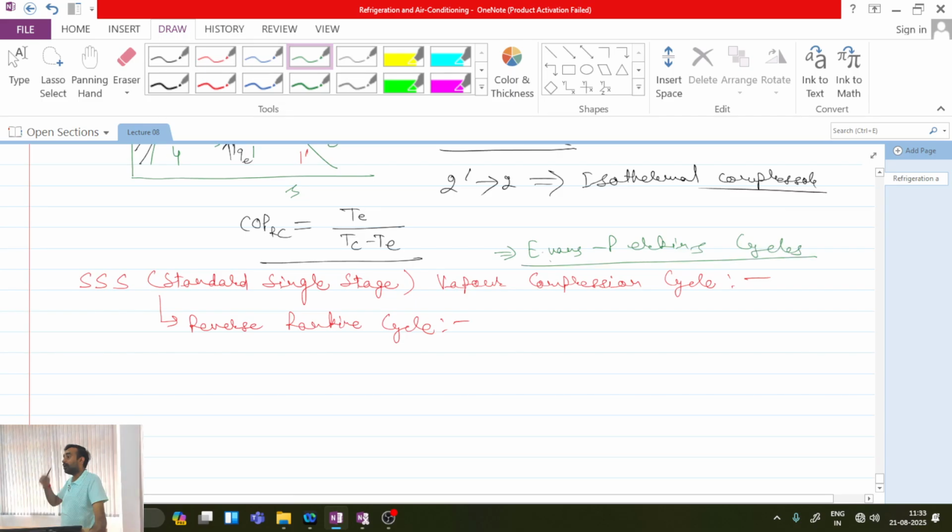Because if you recall, in the history lecture I told you that when ethyl ether was initially tested for refrigeration, the first hand-compression operated cycle was proposed by Perkins, and before that the idea to operate in a cyclic fashion was proposed by Evans. So that's why all the vapor compression cycles, particularly those involving single stage compression, are called Evans-Perkins cycles. Okay, is this clear?